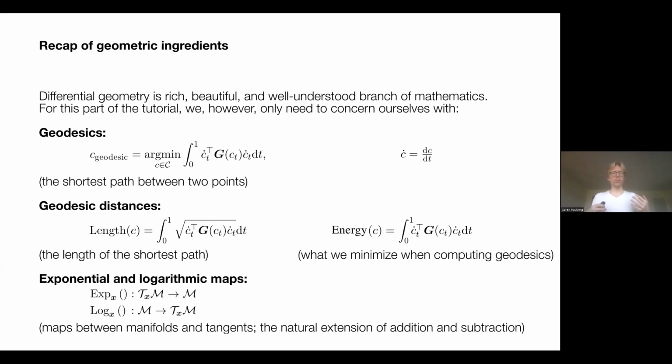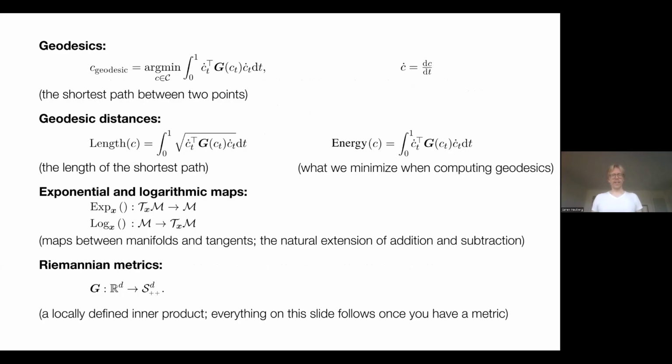We will also be using things such as exponential and logarithm maps, so operators that map between manifolds and tangent spaces. And finally, the beauty of all of this is that everything I've listed above are direct artifacts of having a metric, a Riemannian metric, so a smoothly changing locally defined inner product.